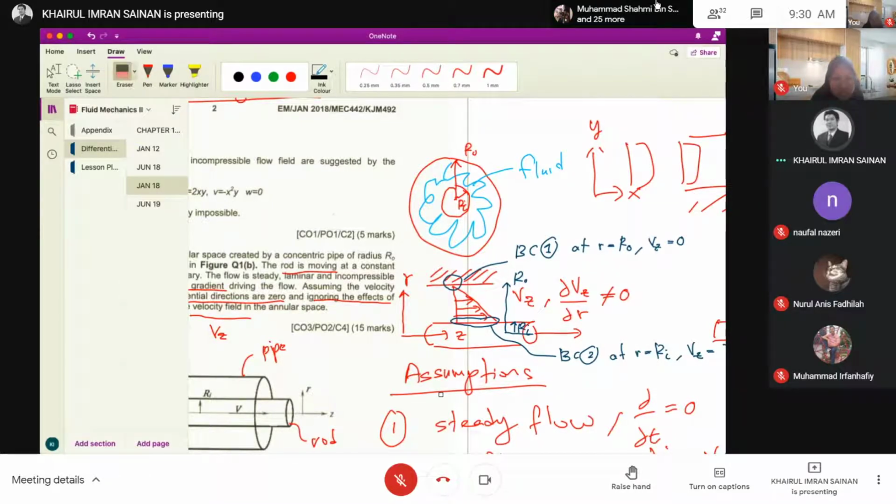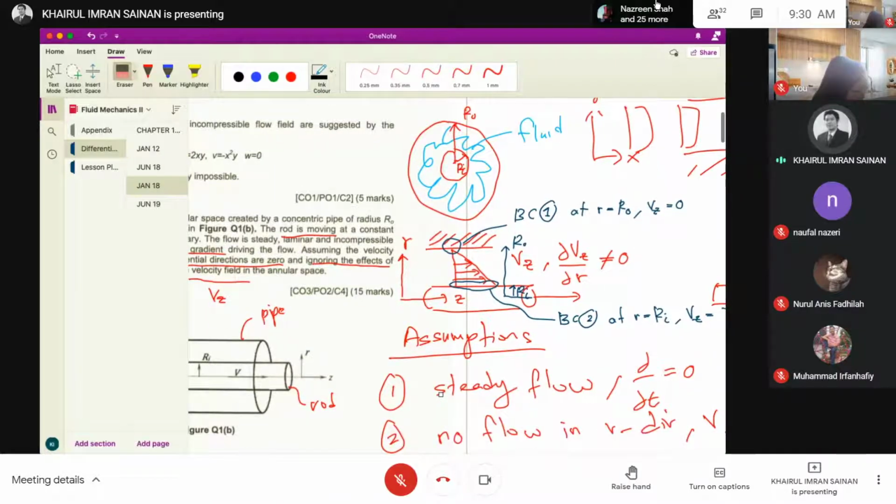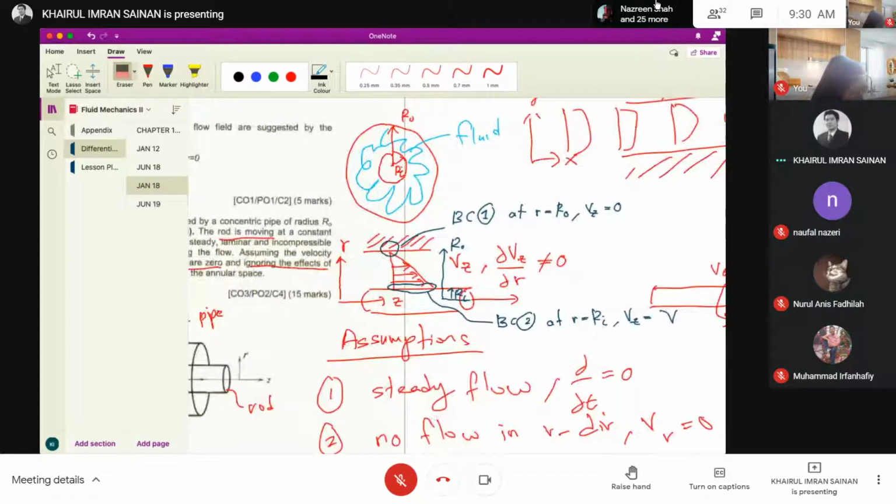So for this case, like mentioned by your friend, he chose no flow in the r direction, meaning vr equals 0. No flow in r direction, vr equals 0. Okay, number 3.